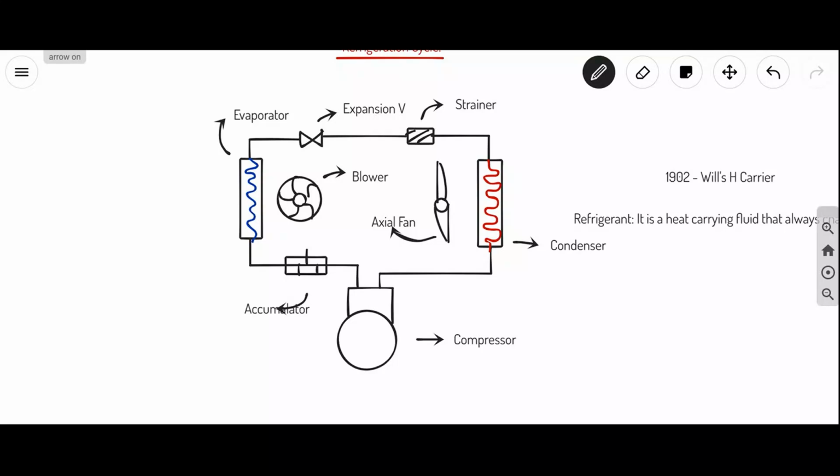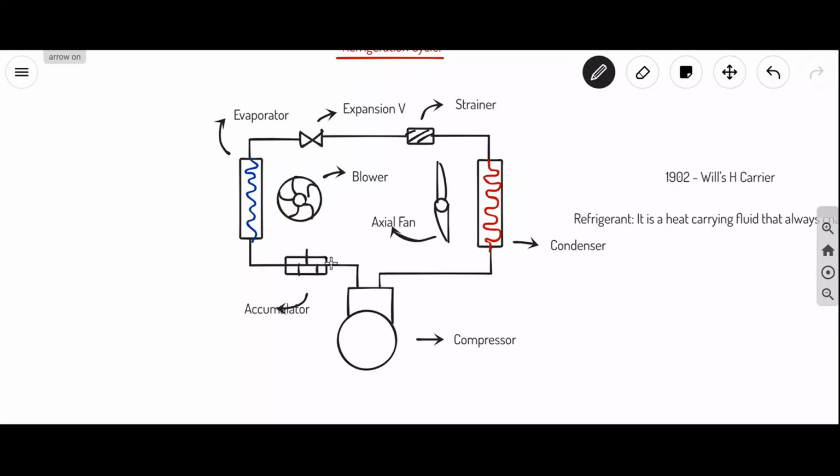How does your heart perform? It pumps the blood. It sucks the blood and discharges it, which is called pumping. Here also, this compressor sucks the refrigerant and discharges the refrigerant.